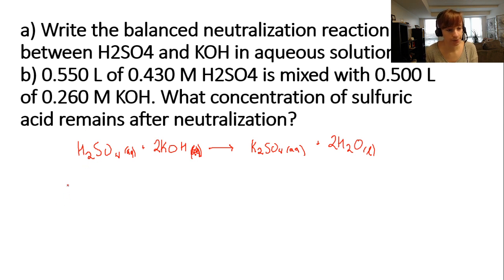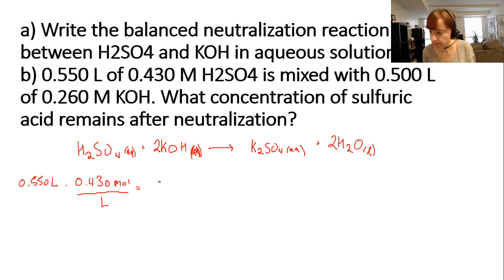So if we're going to start with H2SO4, it gave us 0.55 liters. So we're going to multiply that by the molarity, so it's 0.430. So capital M, molarity, is short for moles per liter. So what that gives us is 0.237 moles of H2SO4.